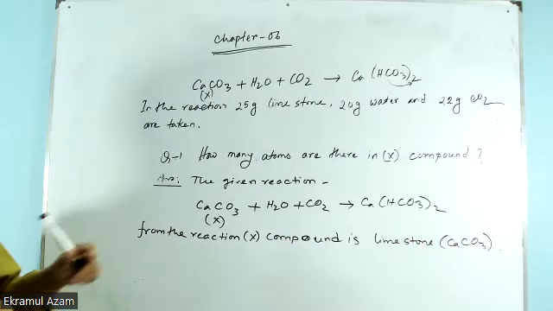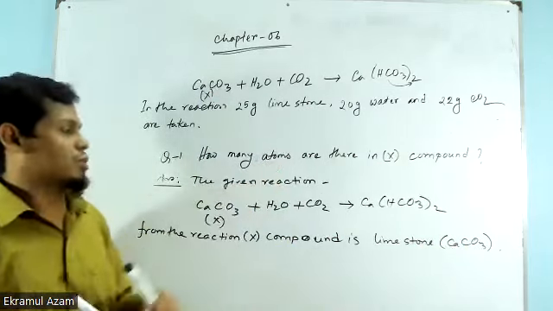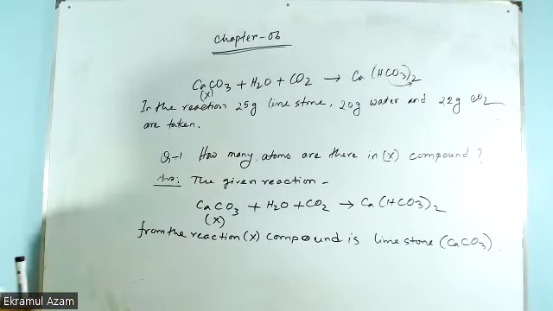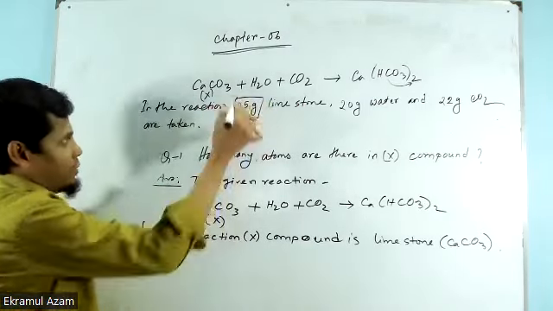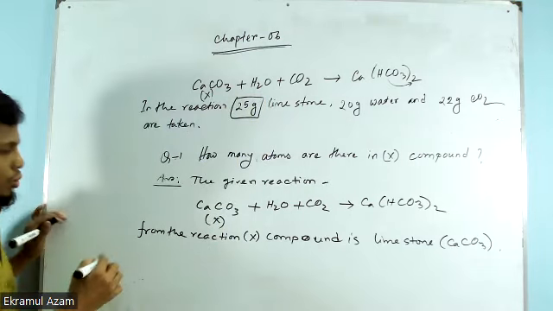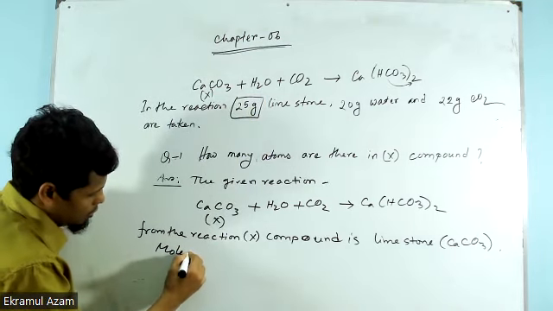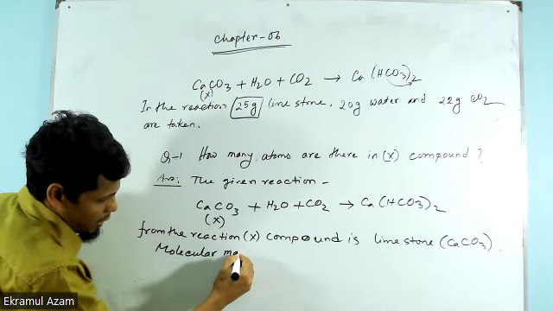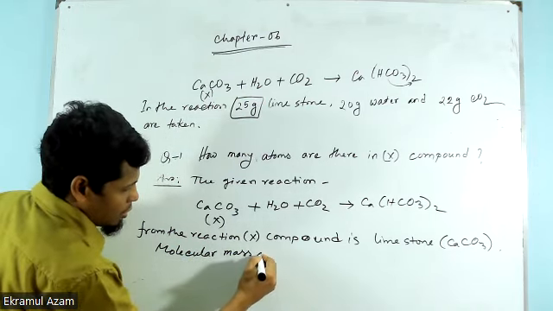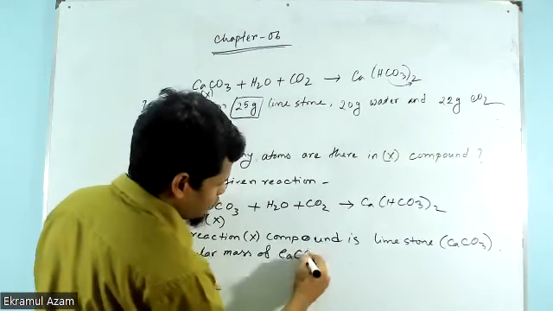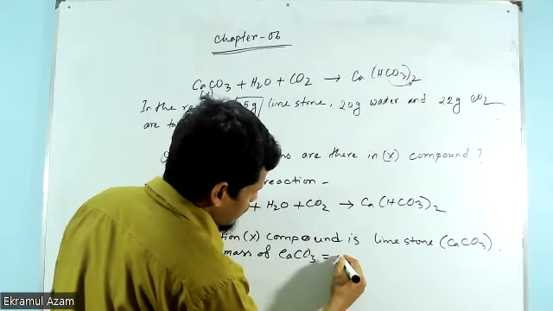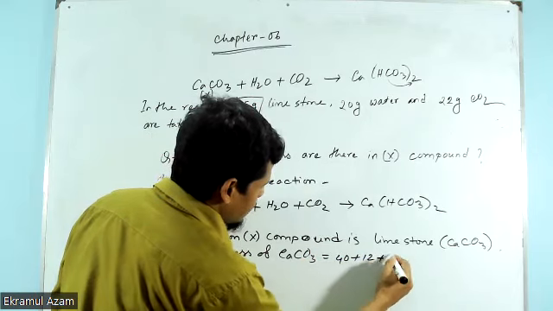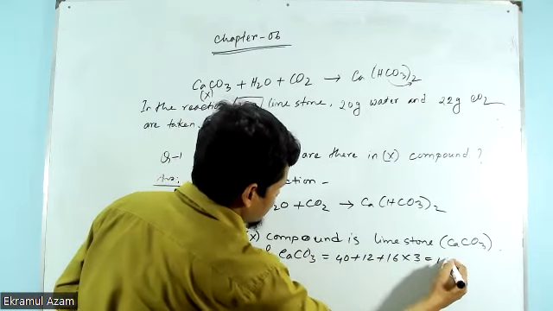We have to determine the total number of atoms in 25 gram limestone. So the molecular mass of CaCO3 equals 40 plus 12 plus 16 into 3 equals 100.